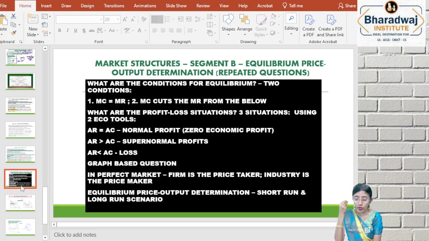Not that you are going to draw it again and I'm going to teach it again, because we have done it elaborately. I have drawn, you have also drawn, not just shown pictures. So the graphical component would be: look at the graph and tell whether it is monopoly or monopolistic competition. Okay, so that we will do tomorrow, selected portions.